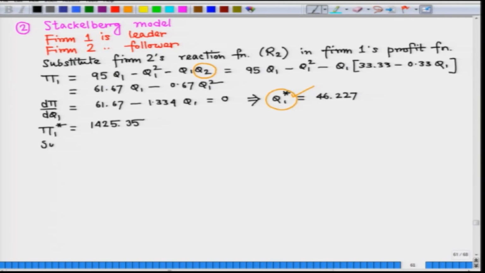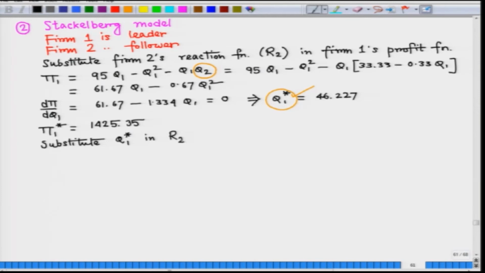So, our follower, farm 2, will substitute the optimal output level of the leader, which is Q1 star, in its reaction function, which is R2, right.